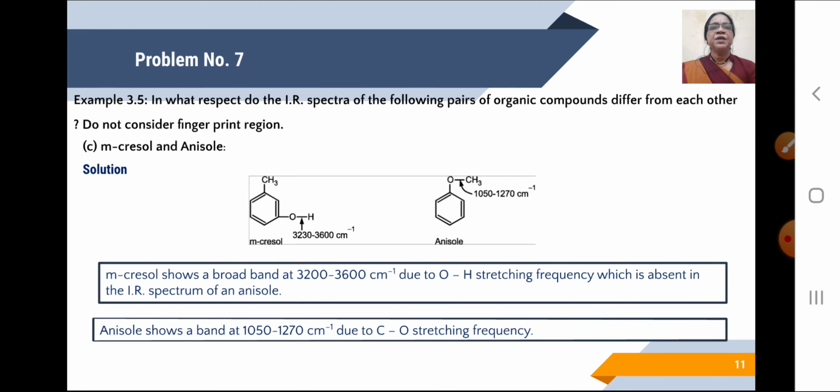Now the next one: in what respect do the IR spectra of the following pairs of organic compounds differ from each other? Do not consider the fingerprint region. Metacresol and anisole.